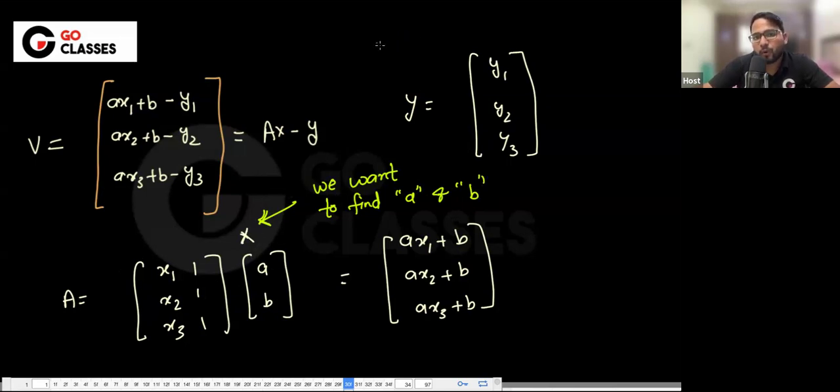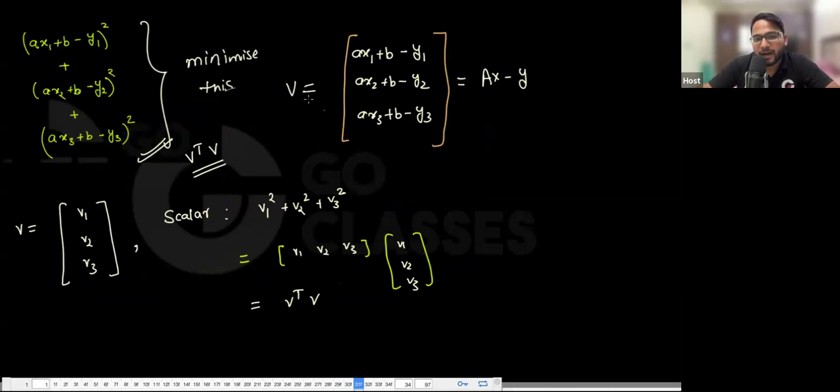And y is what? Y is our ground truth. Okay. Is this fine? So basically here I can write this whole thing as ax minus y.